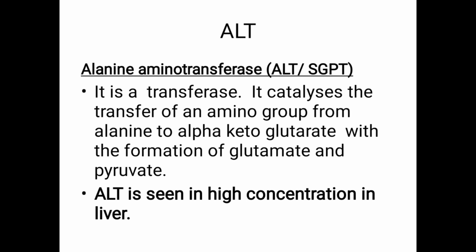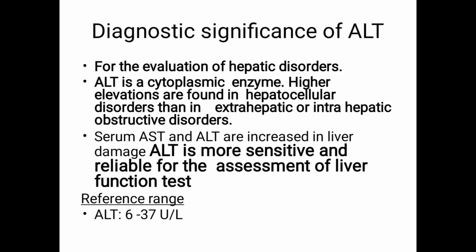I am not going to give importance to the reactions, because we are studying the diagnostic enzymes. You should know the diagnostic significance. It catalyzes the transfer of amino group, hence the name aminotransferases. So ALT is seen in high concentration in the liver.